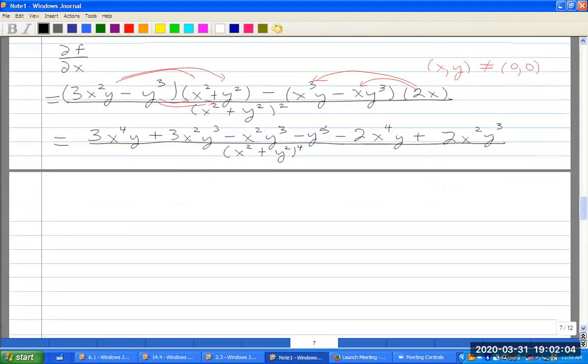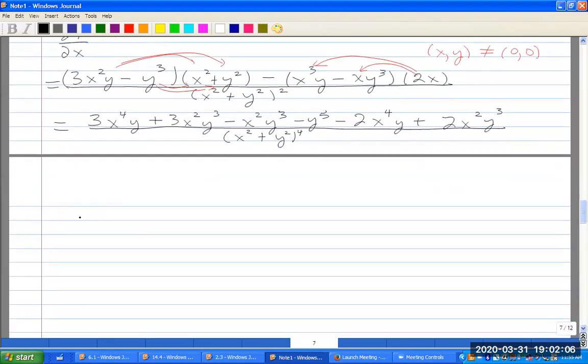So this is equal to, things are probably going to cancel, or at least combine.